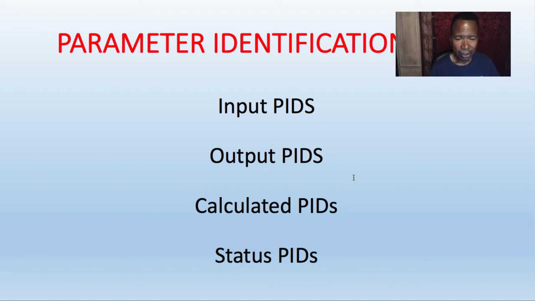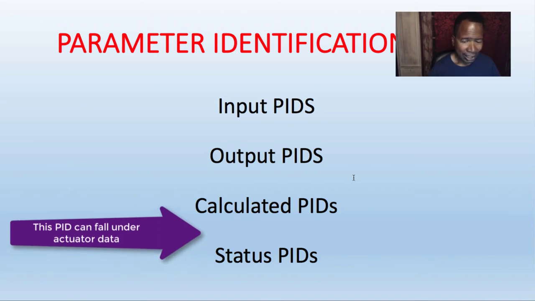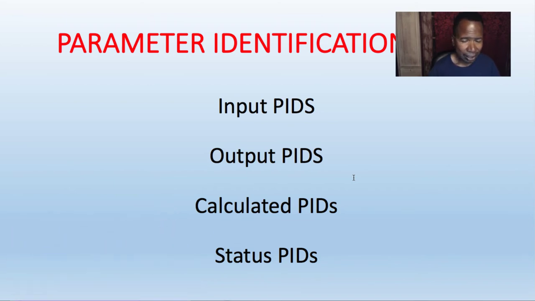A good scan tool should be able to show you calculated engine load, calculated PIDs, like on a MAP or mass airflow, and status PIDs, like open loop, closed loop, monitor readiness.